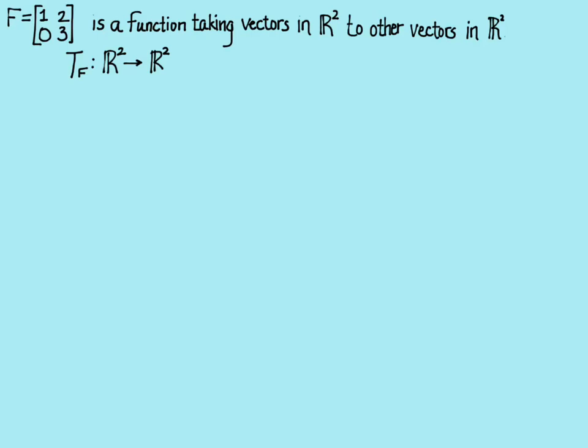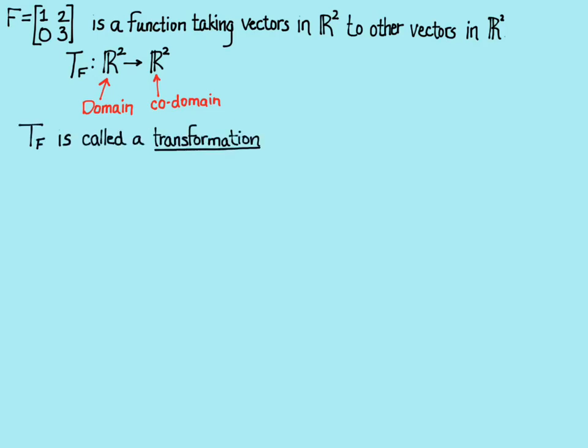Usually when we write T sub F and then a colon and then R2 arrow R2, what we mean is that the domain of the function is R2. So that's that first space. And the codomain, which sometimes you've called the range in the past, we're going to call the codomain. The codomain is also R2 in this case, but that'll be the second space that you see. So T sub F is going to be called a transformation.